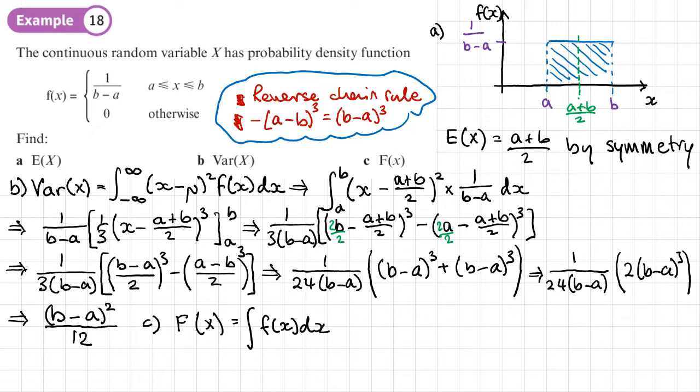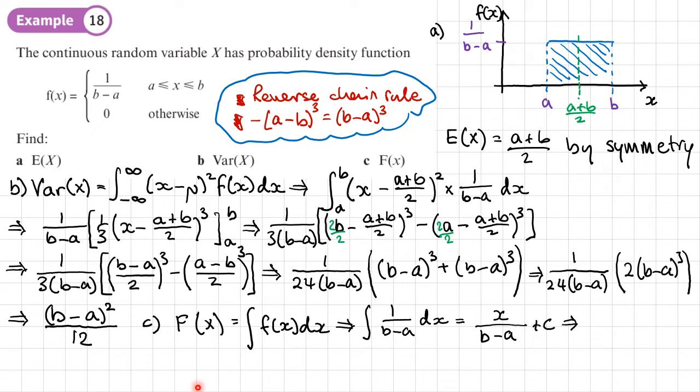Right, so let's put in the PDF, which is going to be integrating 1 over b minus a with respect to x. If we integrate that, we'll get x times 1 over b minus a, or x over b minus a, plus c. We want to find c.